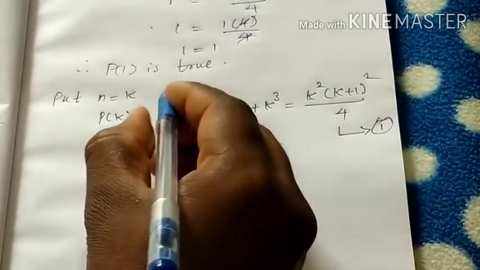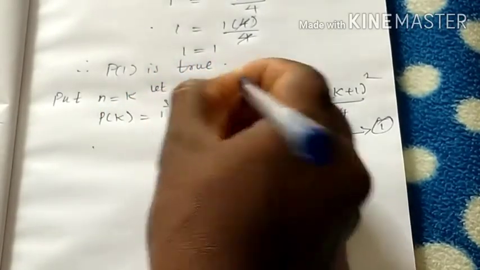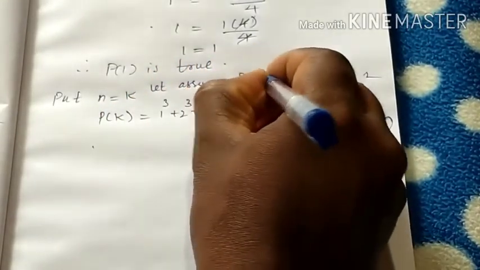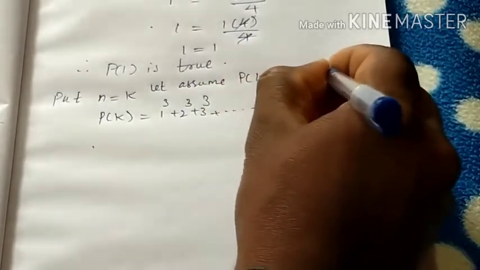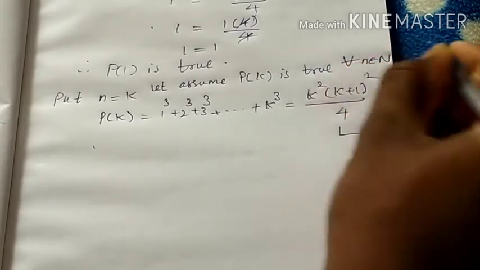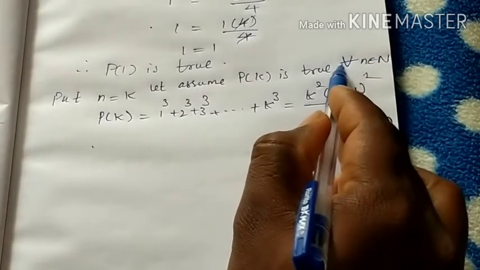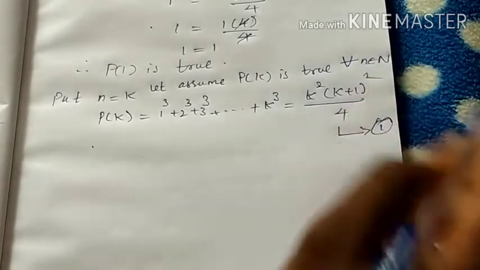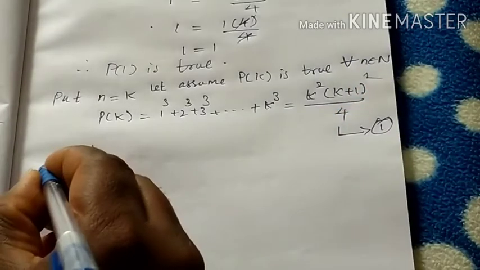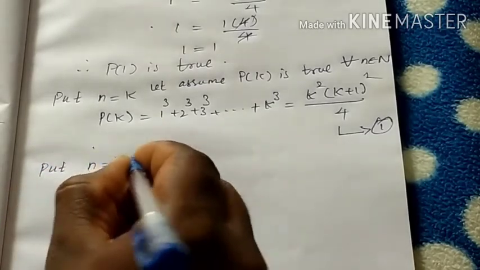Let us assume P of k is true for all n belongs to capital N. This is our assumption. The fourth step, put n equal to k plus 1.